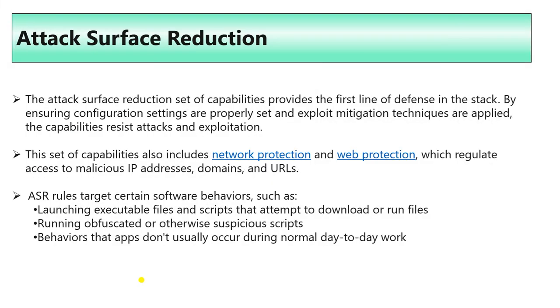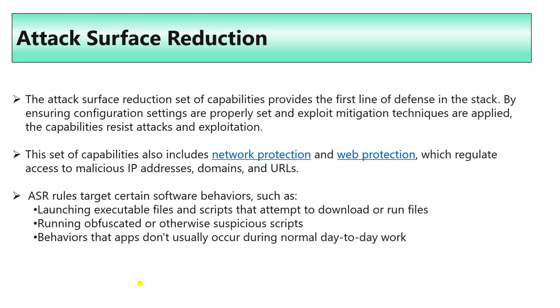So here is ASR, attack surface reduction. The attack surface reduction set of capabilities provides the first line of defense in the stack, by ensuring the configuration settings are properly set and exploit mitigation technologies are applied to reduce the risk of attack and exploitation.